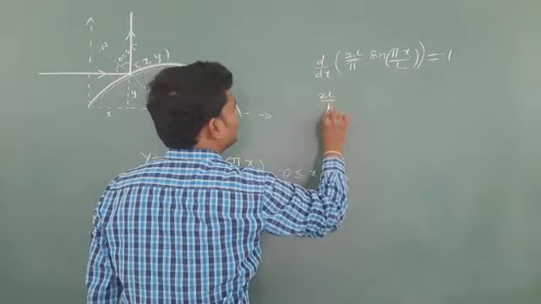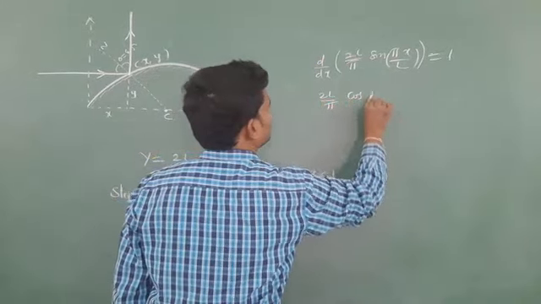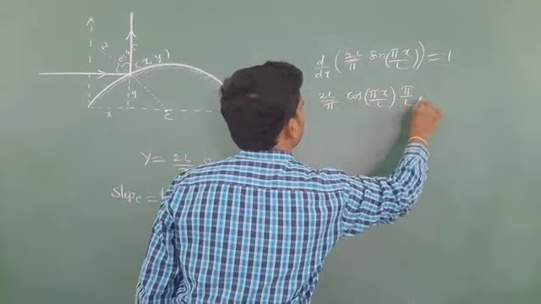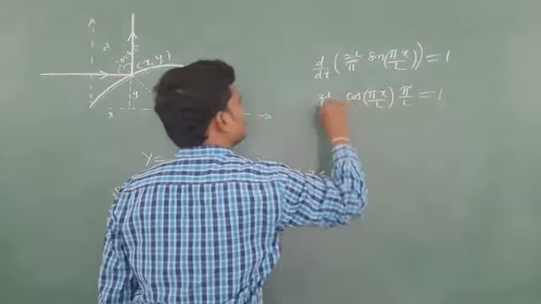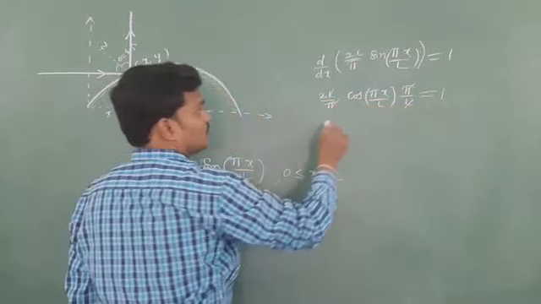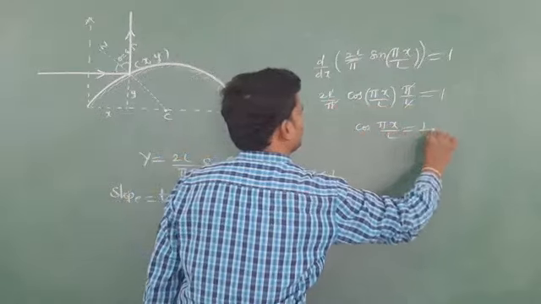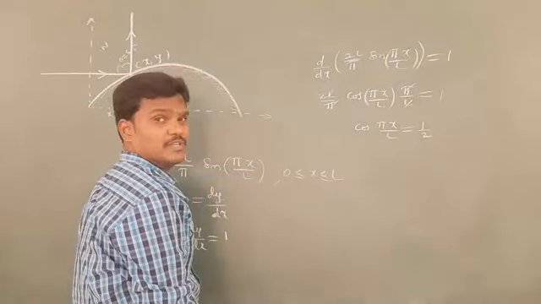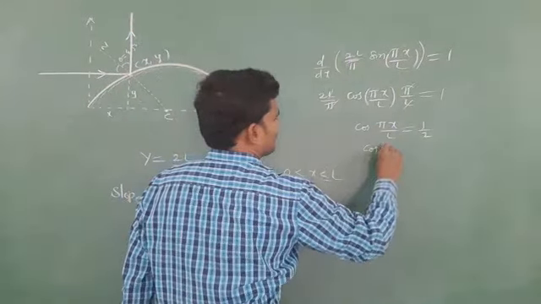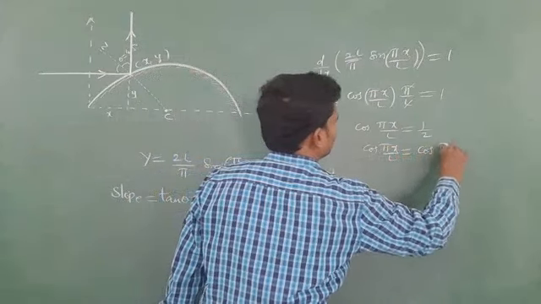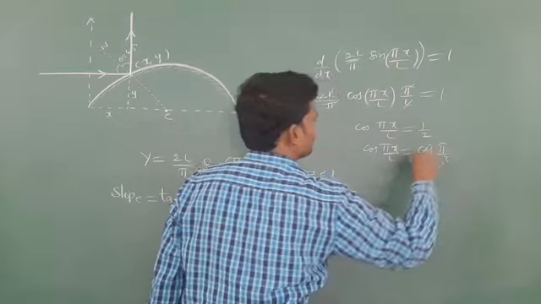This gives 2L by pi cos of pi x by L, and one more factor pi by L, equal to 1. Now cos pi x by L is equal to 1 by 2. I am using many steps only for understanding. So cos of pi by 3.